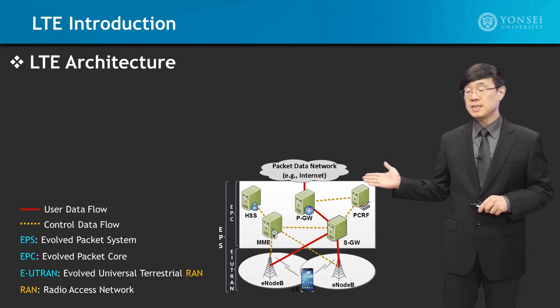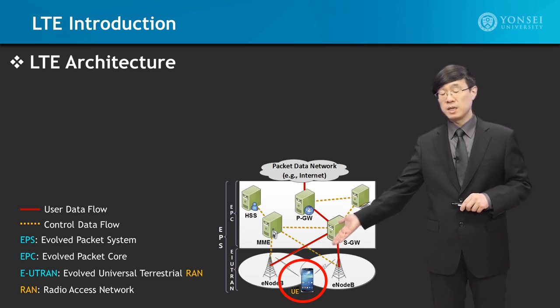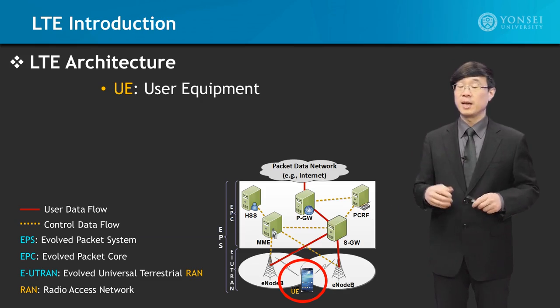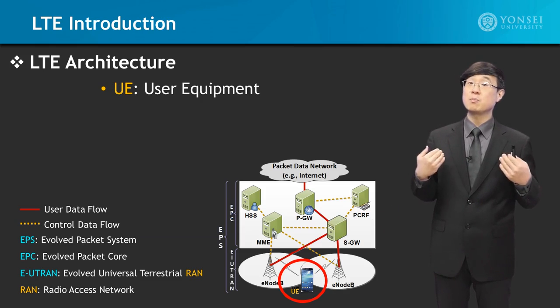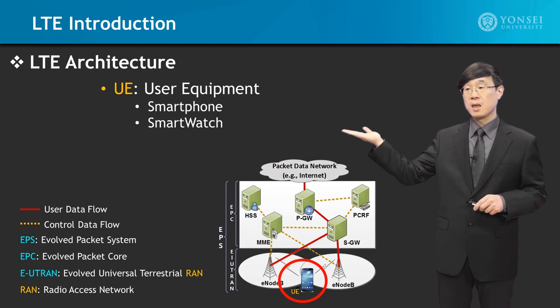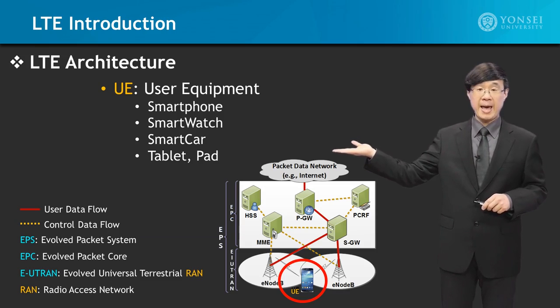Now, as you can see from this structure, first of all, the user equipment, UE, is what we get to use. So therefore, it is very important. It is the most important to us. So we look into it. It will be our smartphone, smartwatch, smart car, like an autonomous vehicle, tablet or pad.